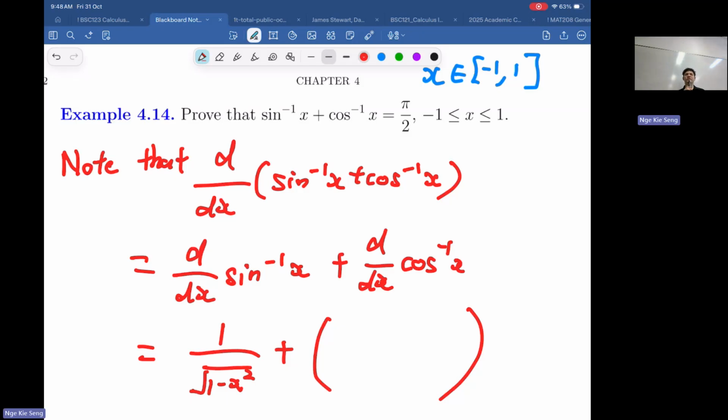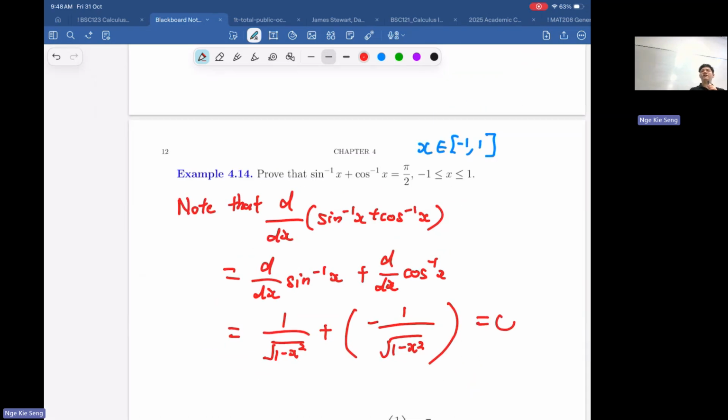What's the derivative of cos inverse x? -1 over root 1 minus x squared. Okay, so you can see that actually these cancel out. This cancel out means what?